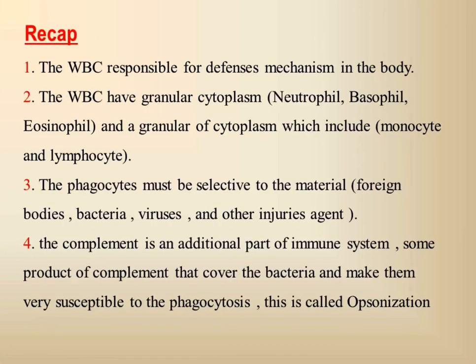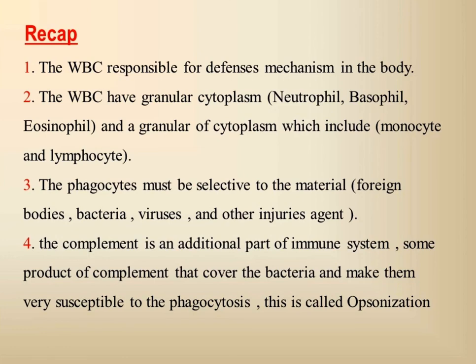As a recap for this lecture, the white blood cells are responsible for the defense mechanism in the body. The white blood cells with granular cytoplasm include neutrophils, basophils and eosinophils, while those with agranular cytoplasm include monocytes and lymphocytes.